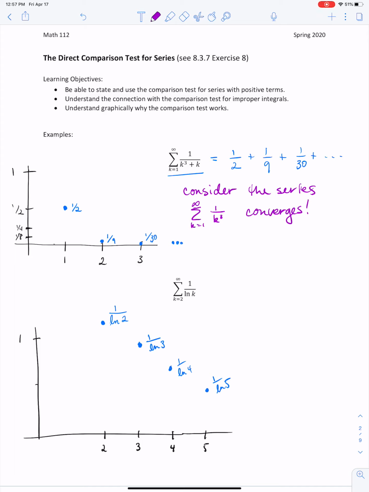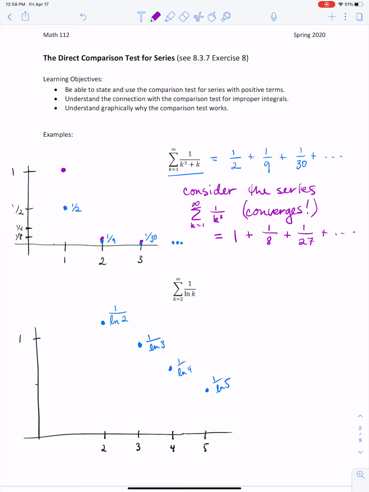So let's plot the terms of this series. We know this one converges. Let's write out the first few terms. 1 over k cubed when k equals 1 is just 1, plus 1/8, plus 1/27, and so on. If I plot this, I have the purple dots here.